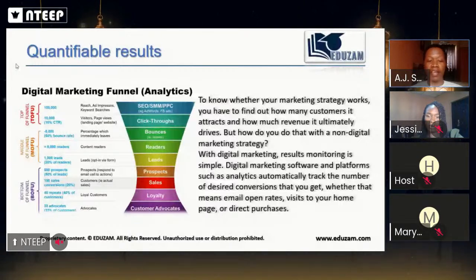Okay. But in the case of digital marketing, you would be able to monitor exactly the location of your traffic. You can actually monitor who closed sales and who did not. You can acquire leads and you can retarget, of course.